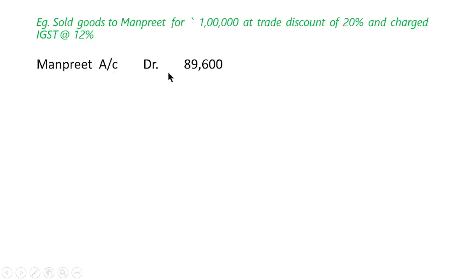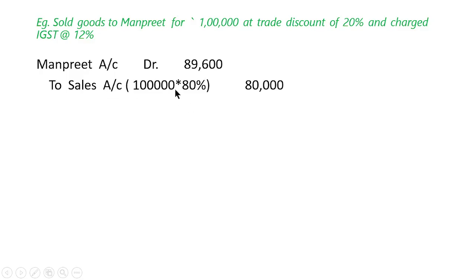Manpreet account means it's a receivable. So total selling price is 1 lakh minus trade discount of 20%, so sale is 80,000, plus 12% IGST, 89,600.